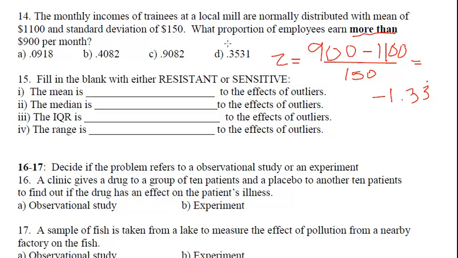That's an answer, but that's the area to the left. The table always gives you the area to the left. If my question has more than or greater than, I subtract from 1. So I take 1 minus 0.0918, and that gives me 0.9082. So C.